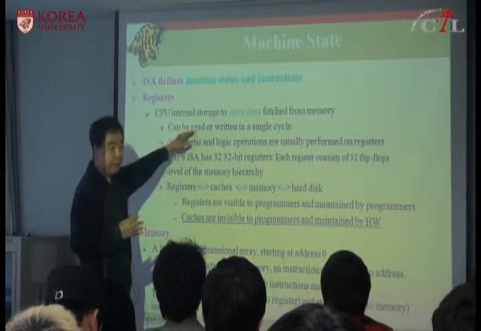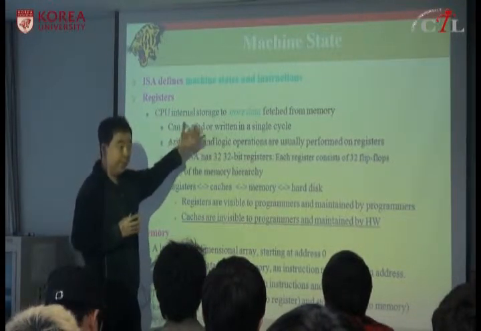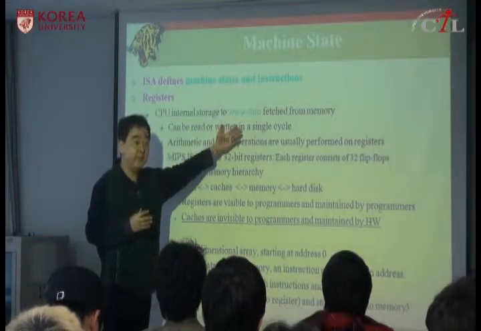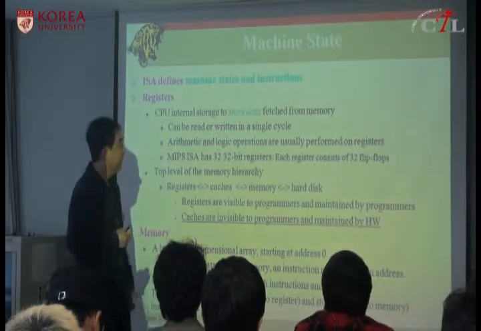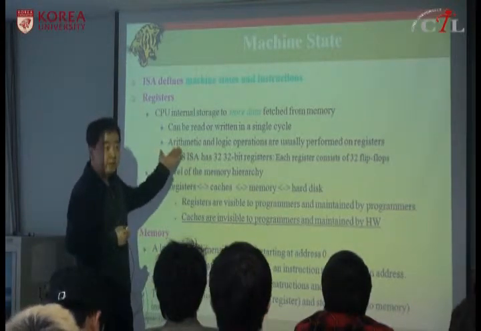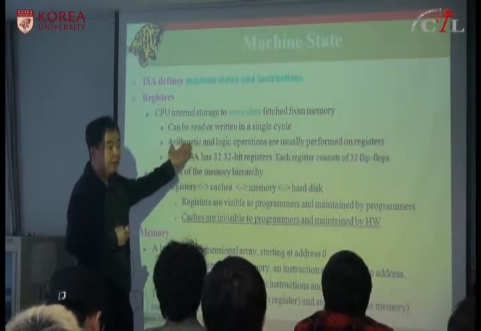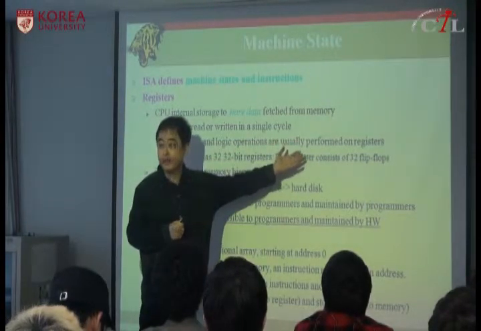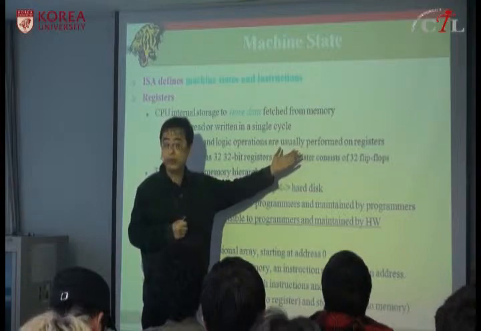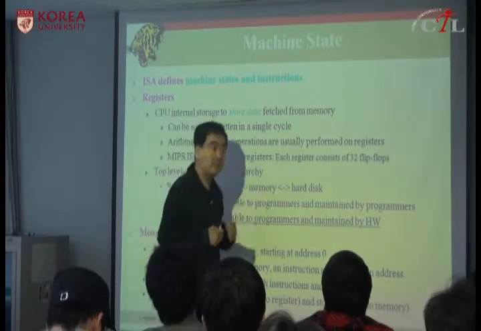Usually, a register can be read or written very fast, within a single CPU cycle. And for all RISC processors, all the computation, including logic operations, should be done only on registers, register operands. Okay, that's the RISC architecture.